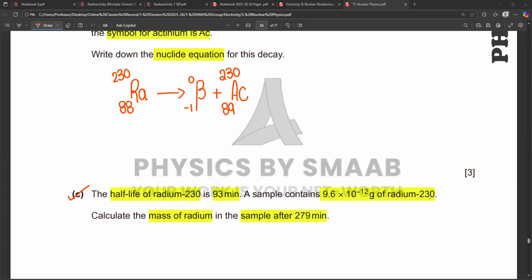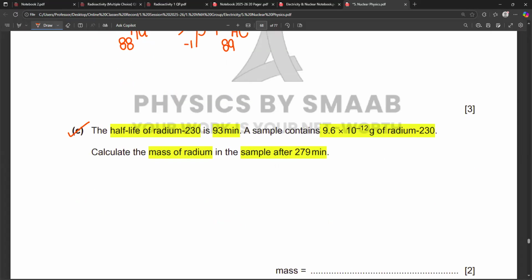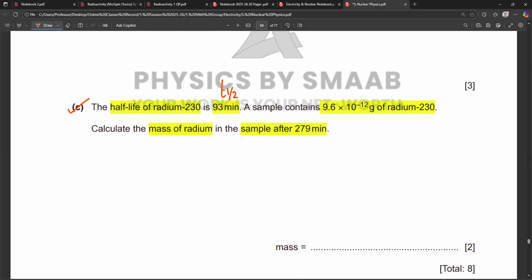So now in this question we have half-life given of 93 minutes, and a sample contains this much grams of radium-230.